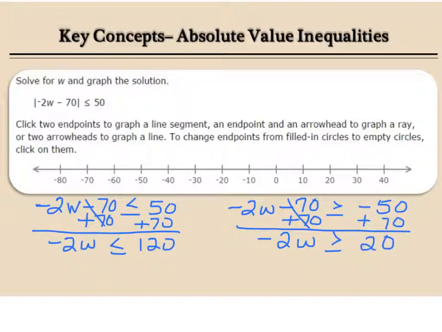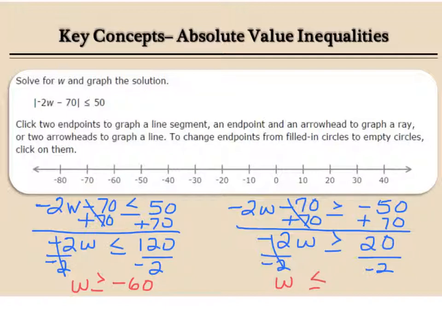Now I'm going to divide by negative 2, and when I divide by a negative number, I have to flip the symbol of inequality. So those are canceled out. So I'm going to end up with w is greater than or equal to negative 60, and w is less than or equal to negative 10.